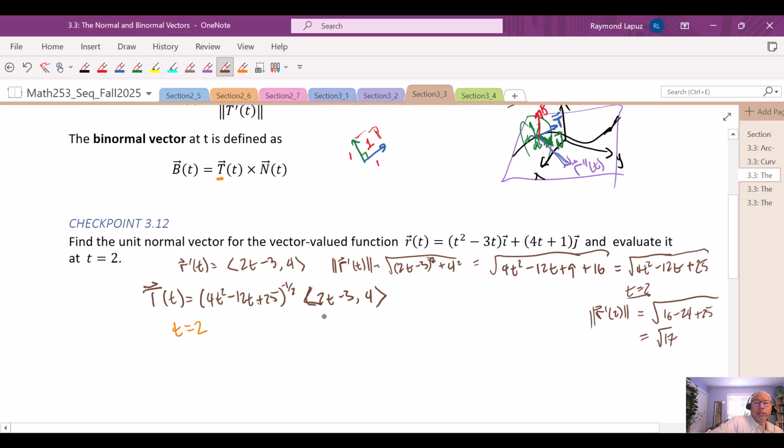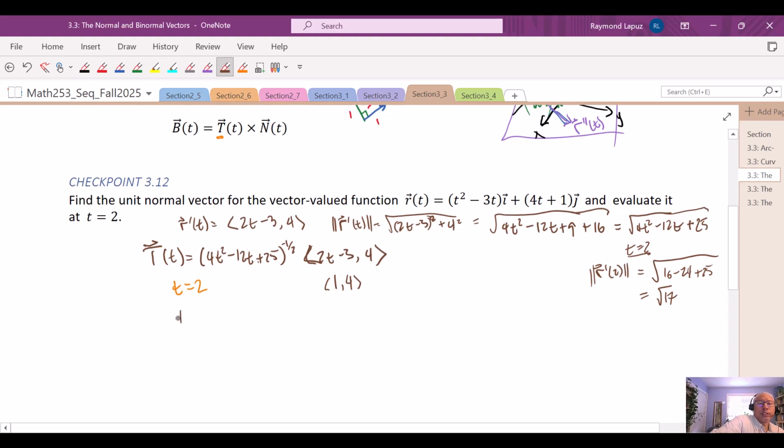Let's put 2 in here for t. We're going to get 4 minus 3, which is 1, and then 4. So our unit tangent vector at 2 is going to be, well, I'm going to write it differently again. I can write it like this, or we can write <1 over square root of 17, 4 over square root of 17>. Let's do both. Okay, so now we have our unit tangent vector.